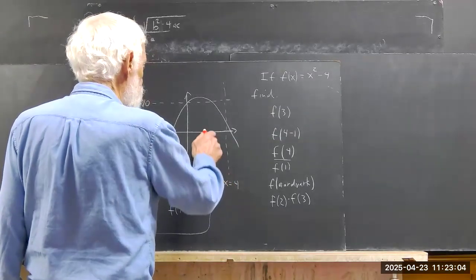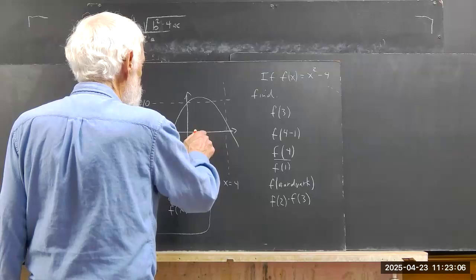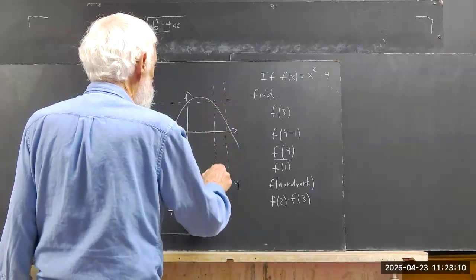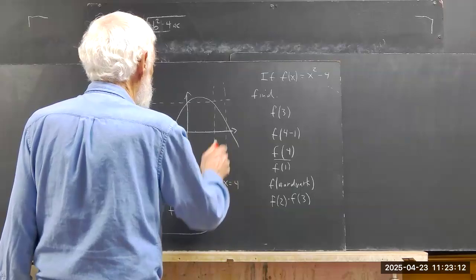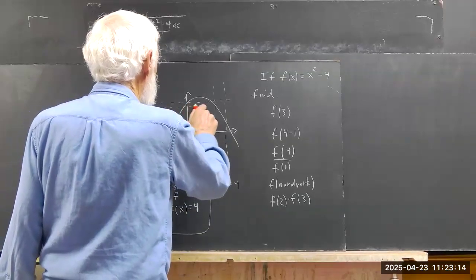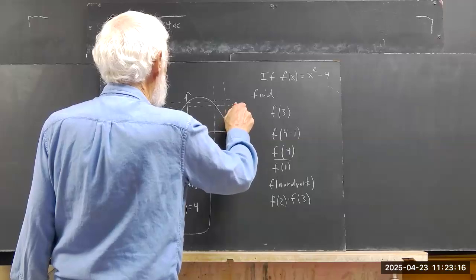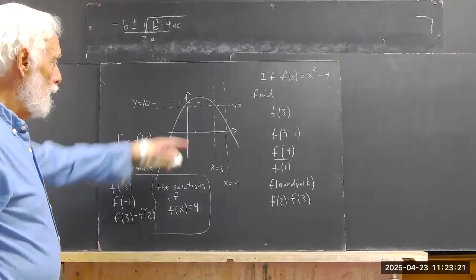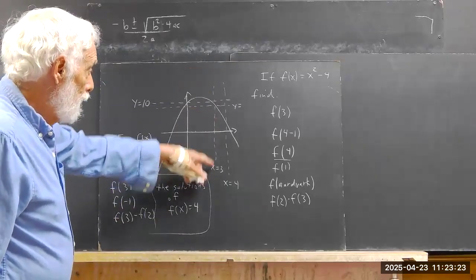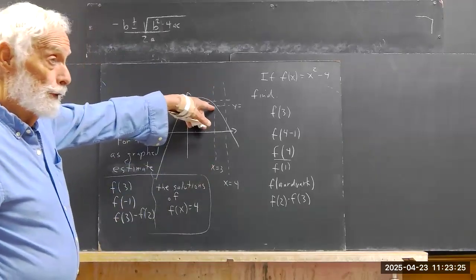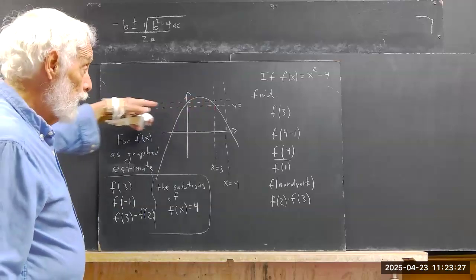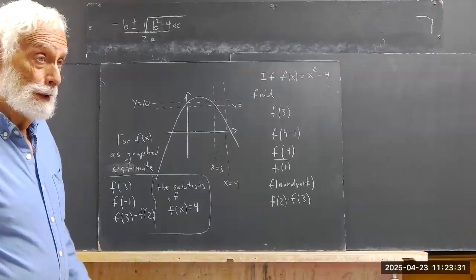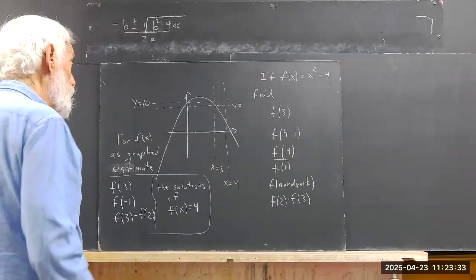If this is 4, 2's here, 1's here, 3's here, so I say x equals 3. We go on the line x equals 3 until we hit the graph. Then we figure out what the y coordinate is. We draw the 2 dotted projection lines.